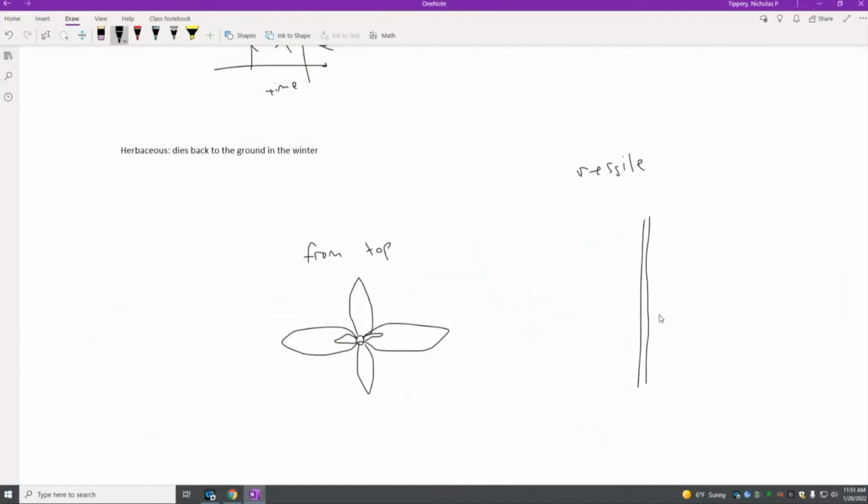So if you had a sessile leaf, that would be one that just comes out from the stem without any kind of stalk on it. That's certainly common enough. I just didn't have a picture of it on that slide.